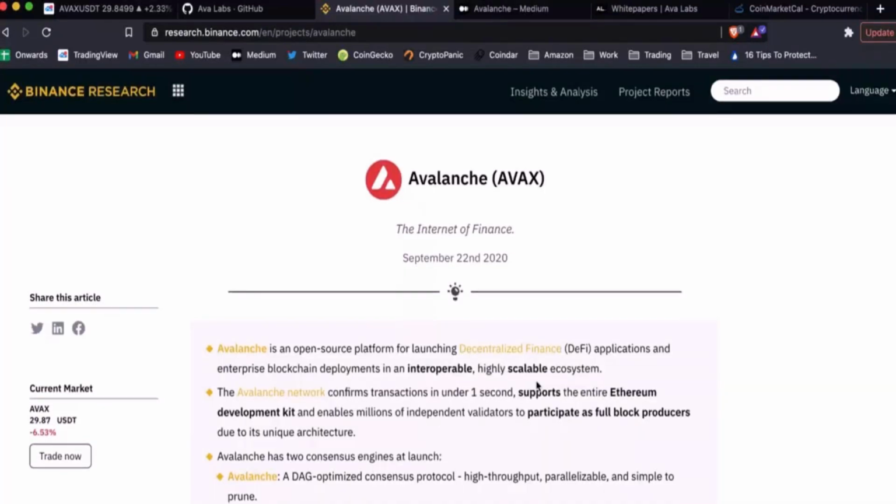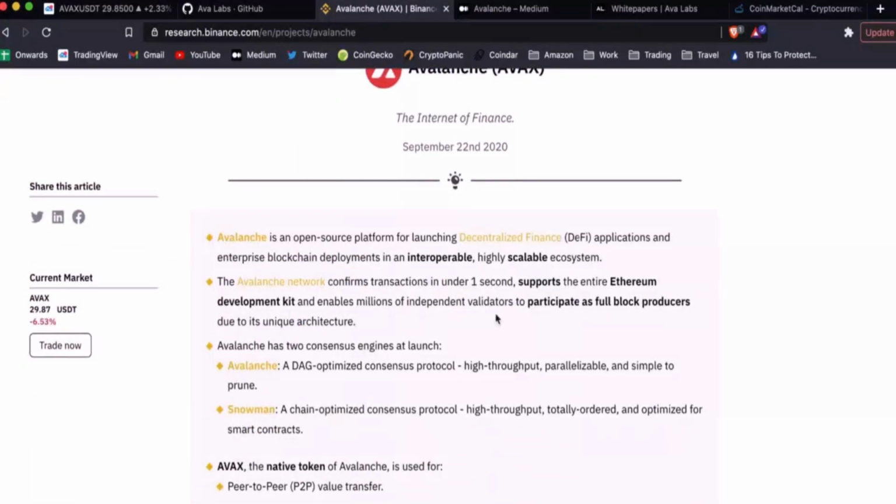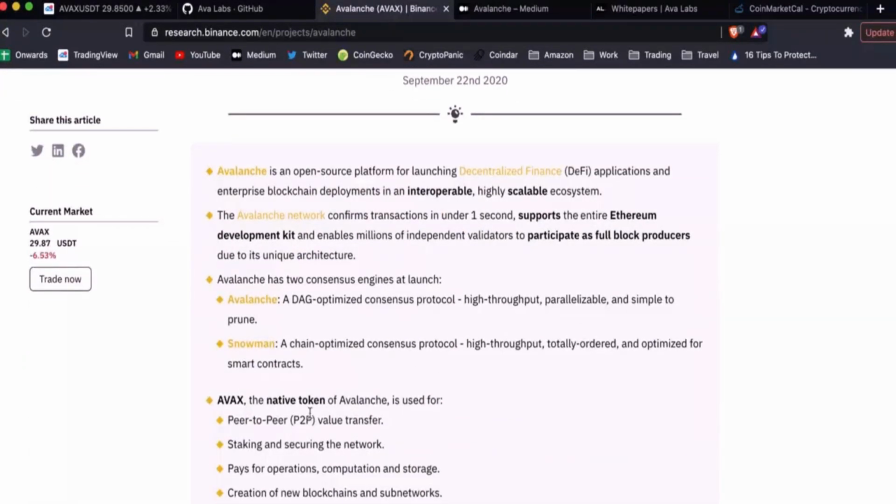So the next website I recommend is Binance Research, research.binance.com. You can read about a project here. If you don't want to start on CoinGecko, you can start here. They have a nice little summary about the project, right?